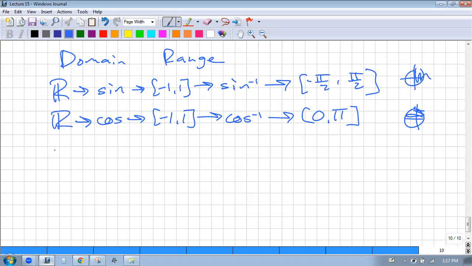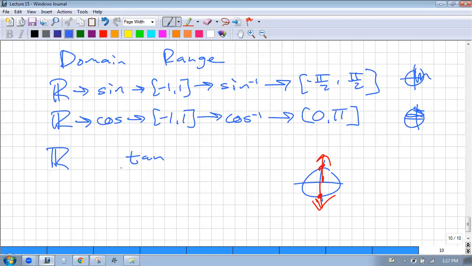Now, what about tangent? We'd like to plug in any number we want, but we know we can't. Remember, these angles don't fly. You can't plug those angles into tangent. Tangent is the ratio of y to x, and x is 0 here.